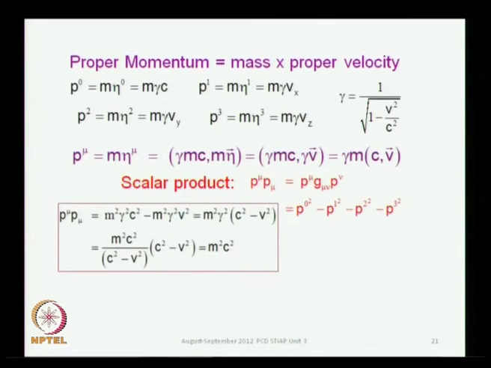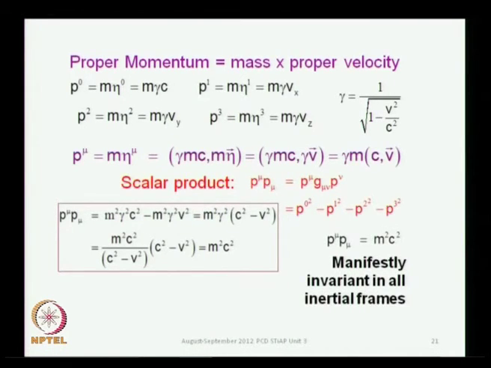You will see why it is important to define mass carefully. I use a mass which is invariant under Lorentz transformations, it is the same mass in every frame of reference, and this is m square c square. So, again this is a manifestly invariant quantity in every inertial frame of reference.